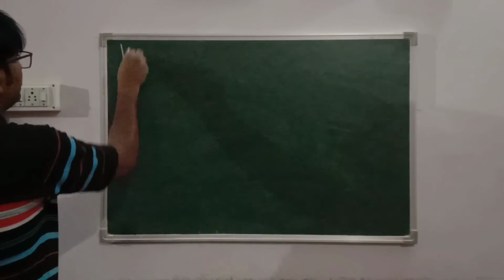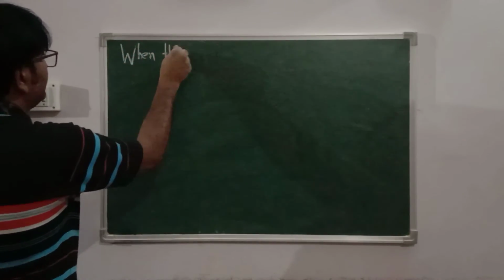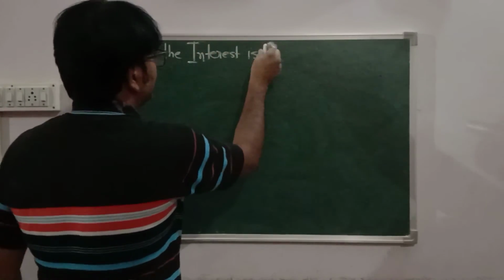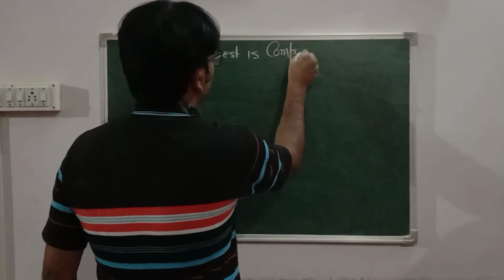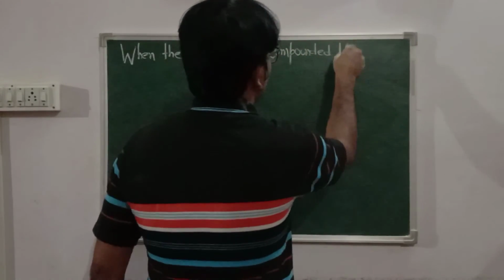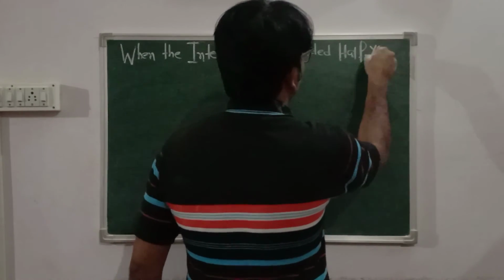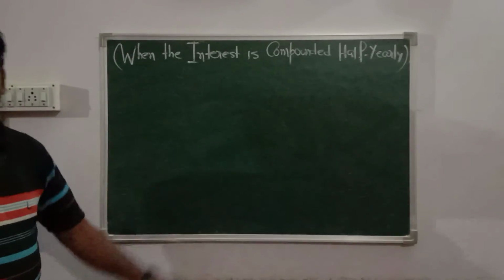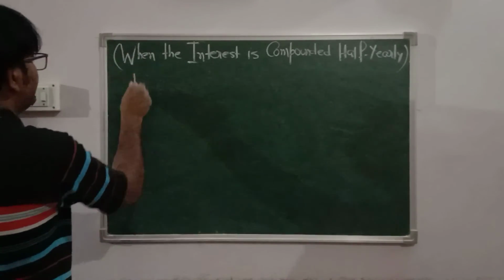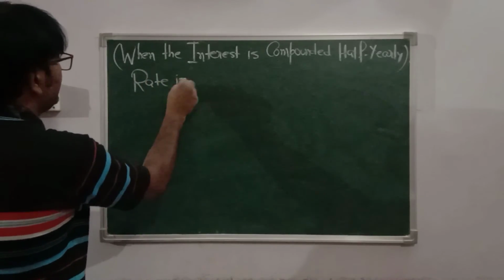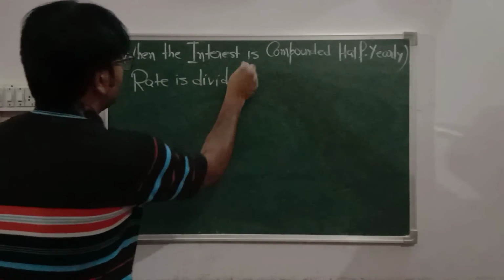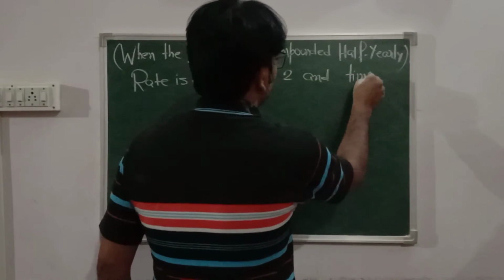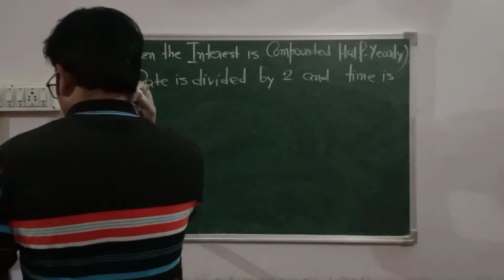So when the interest is compounded half yearly, what you need to do is rate is divided by 2 and time is multiplied by 2.